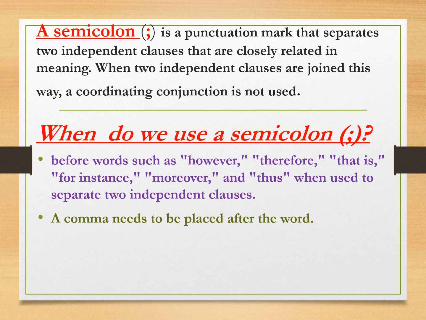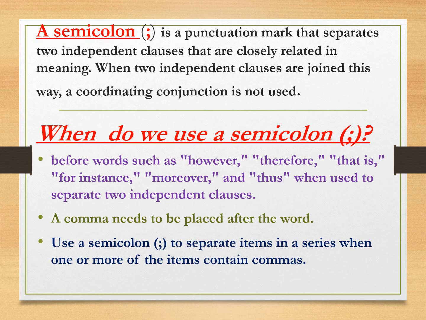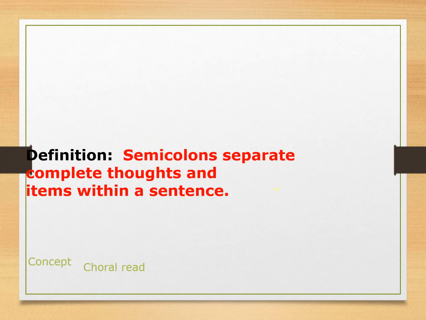Also, we use a semicolon to separate items in a series when one or more of the items contain commas. Don't forget, a comma needs to be placed after the word. Here we have the definition of a semicolon.